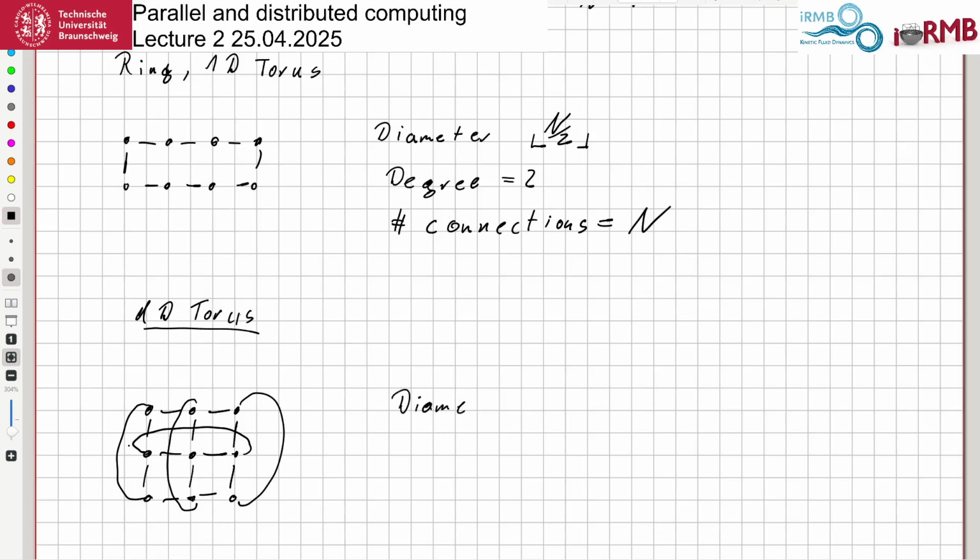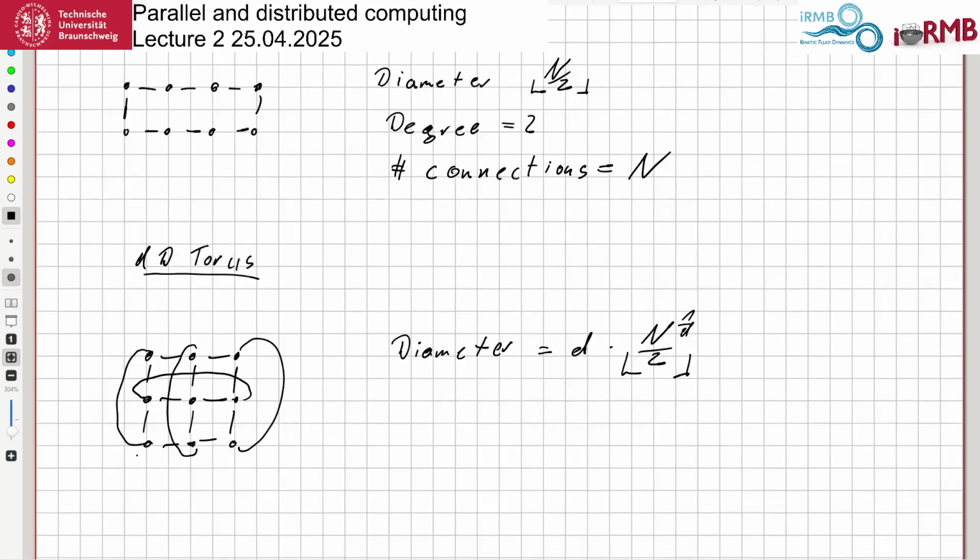The diameter of this: d is the number of dimensions, n is the number of nodes in this. So this is the d-th root, n to the power of 1 over d, times 1/2 because we can go both ways, and this is the lower bound of the diameter.